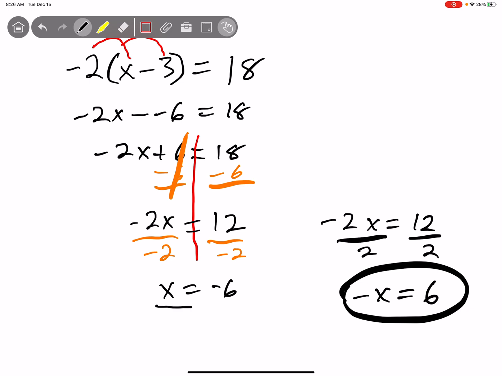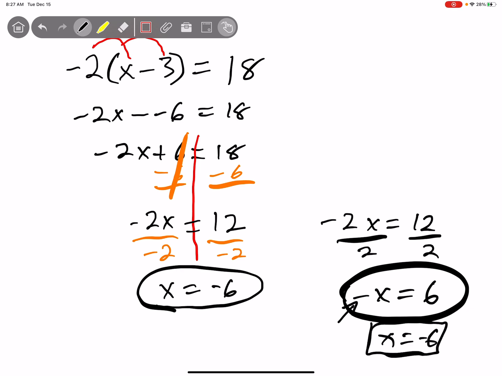We're solving for x. So from here, we need to get rid of this negative by multiplying both sides by negative 1. Negative x times negative 1 is x, and 6 times negative 1 is negative 6. Okay? So this ends up being my answer again.